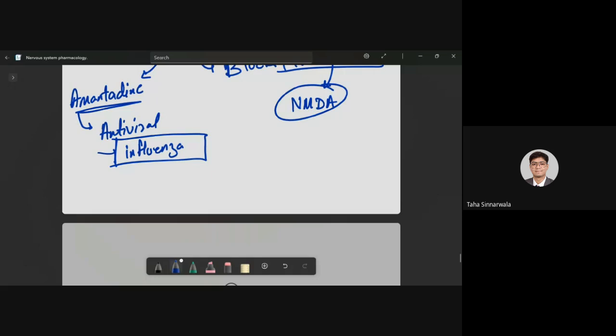And then you're thinking, oh wait, antiviral, this does not make sense. But then you're like, oh, maybe this could be memantidine or amantadine or something similar. And that is why I want to tell you this important fact. Initially it started out maybe as an antiviral. Then we found out that this is also very helpful for patients with Alzheimer's or patients with Parkinson's. That is why this medication is important.